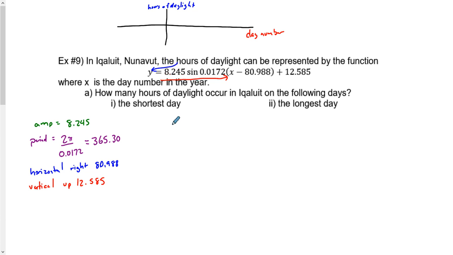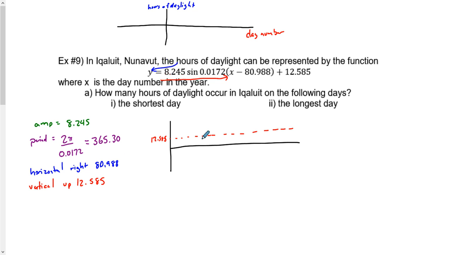So if we do this quick sketch of this, we're going to have our midline of 12.585. So that'll be 12.585. From there, we're going to have to move right 80.988.